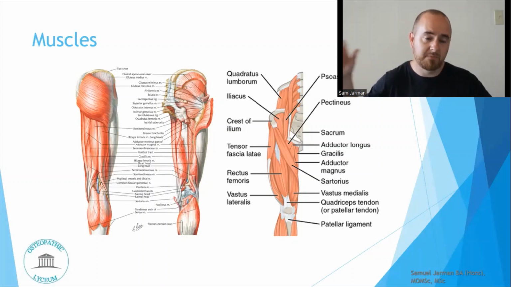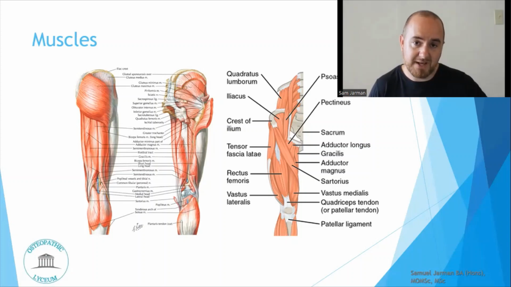However, it seems to be more focused on the inferior fibers of the gluteus maximus, the sartorius, the quadratus femoris, both internal and external obturators, or obturator internus and obturator externus, depending on the terms that you like. The superior and inferior gemelli muscles, or the superior gemellus and inferior gemellus, depending on how you like to say it, and the piriformis muscle.